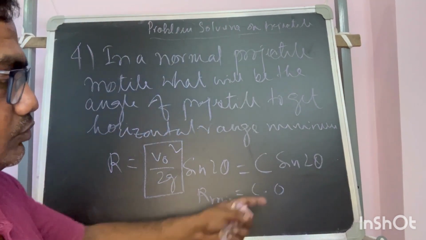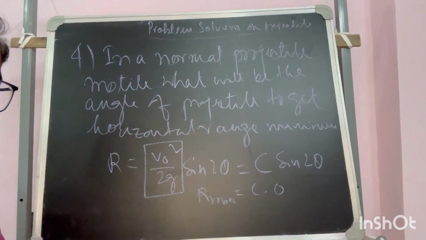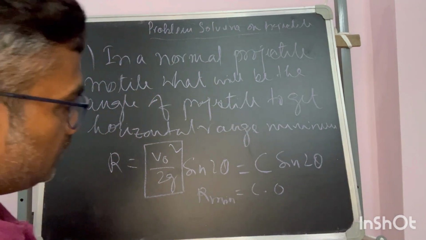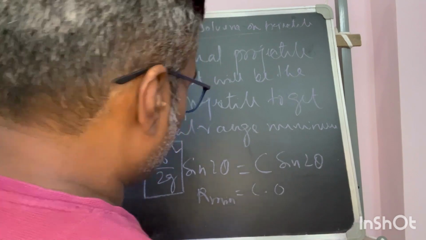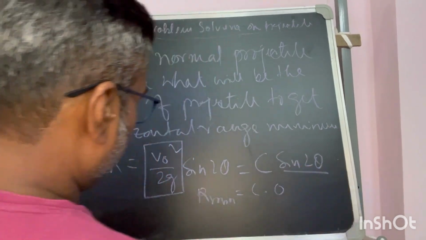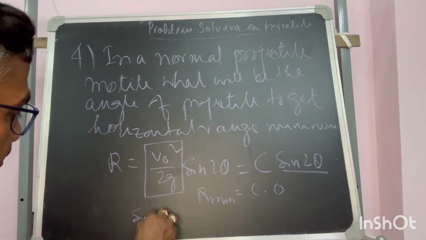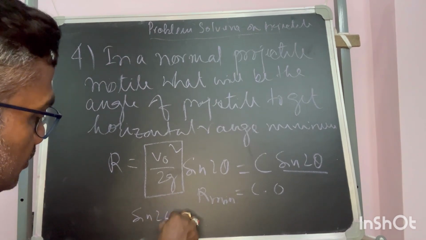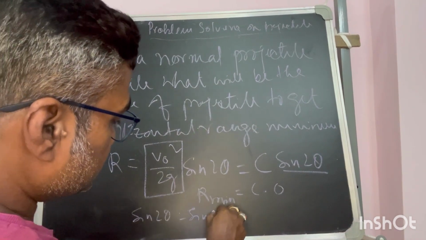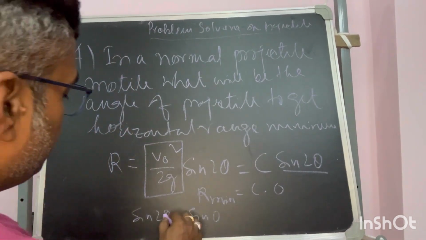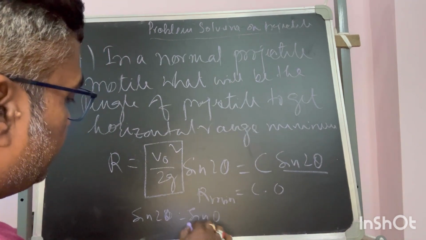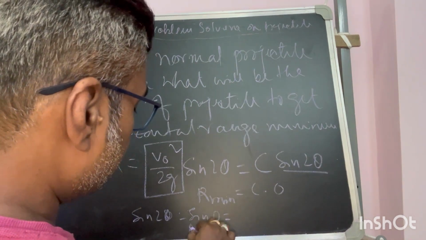Now sine 2 theta can be 0 for theta equal to 0, because sine 0 is equal to 0. But is it practical to get theta equal to 0?